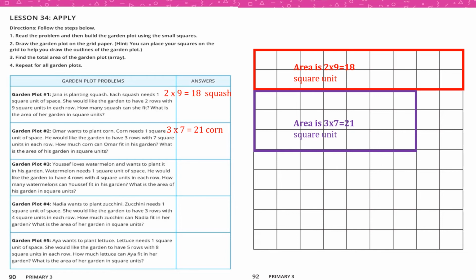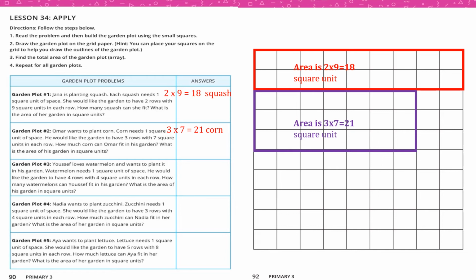Number 3, Yusuf loves watermelon and he wants to plant it in his garden. Watermelon needs 1 square unit of space. He would like the garden to have 4 rows with 4 square units in each row.